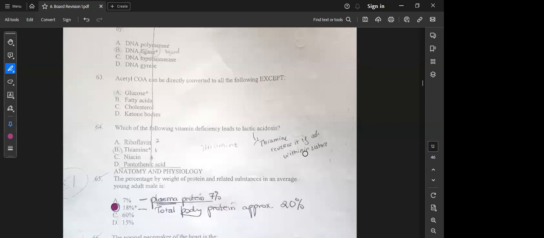B3 niacin. Is there B4? I know of B5. B5 is choice D, that pantothenic acid. B6 was pyridoxine, 7 was biotin, 9 was folic acid, and 12 was cyanocobalamin. Then I think we didn't cover the alternative names of vitamin D's, or did we?